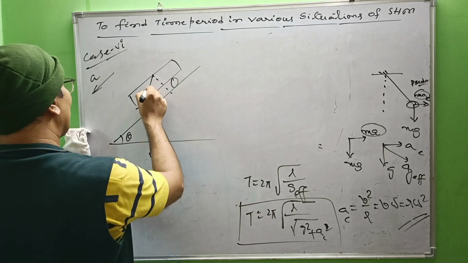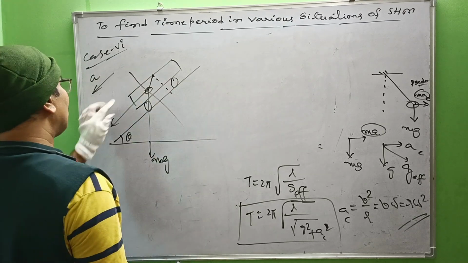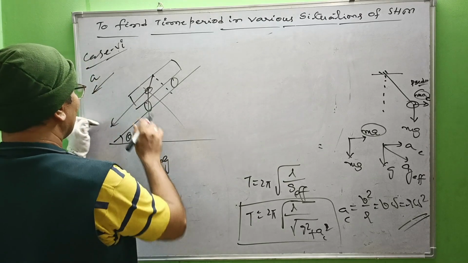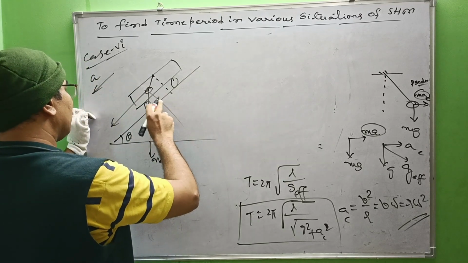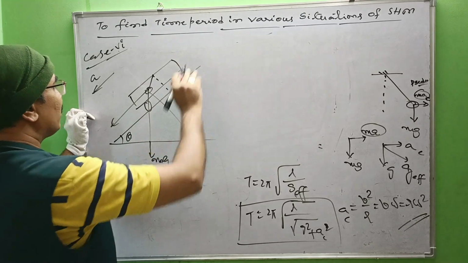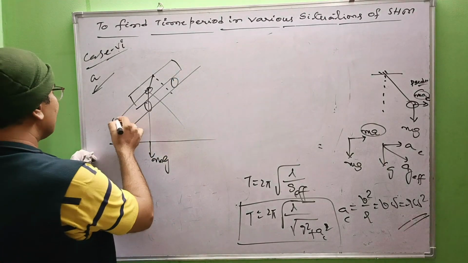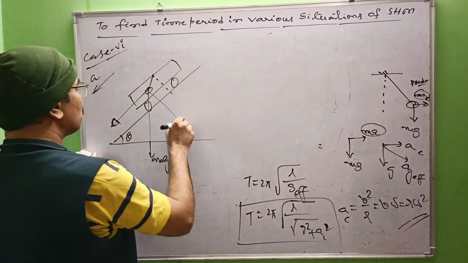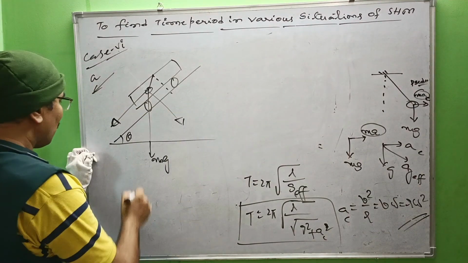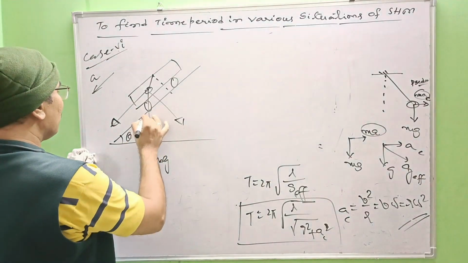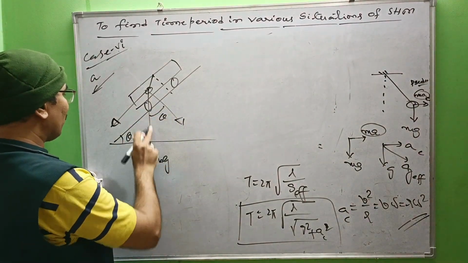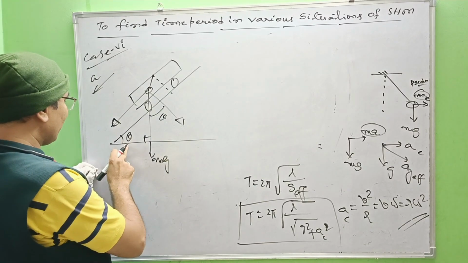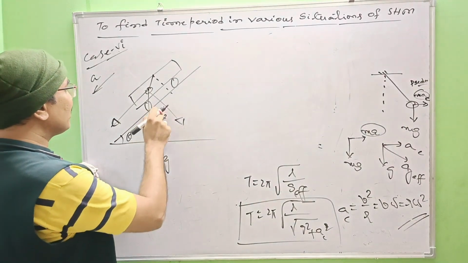Take two perpendiculars: this is the normal drawn to the plane of the incline, and this is one more perpendicular. These two are perpendicular to each other. Here it is theta, here 90 degrees, here 90 minus theta, and here theta. One right angle triangle is formed.